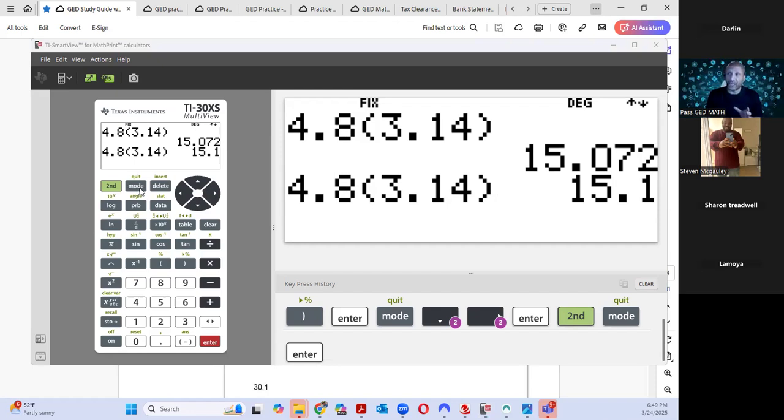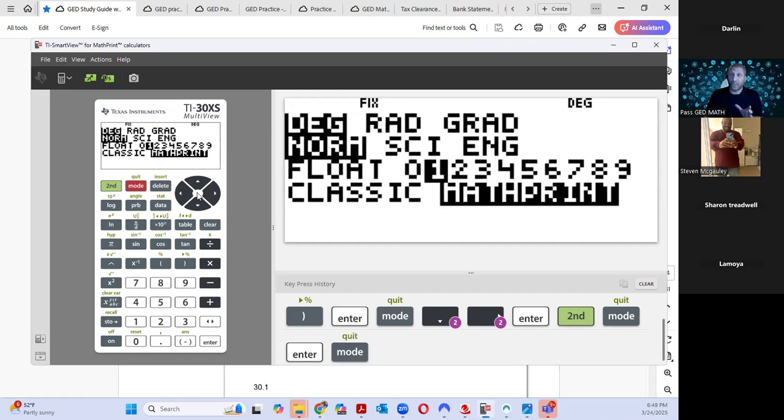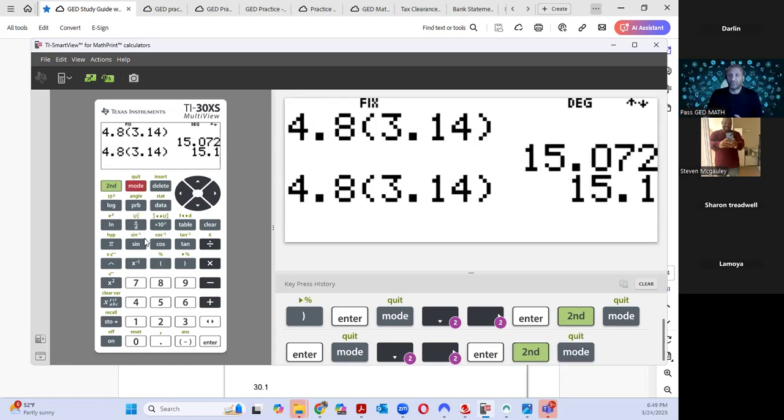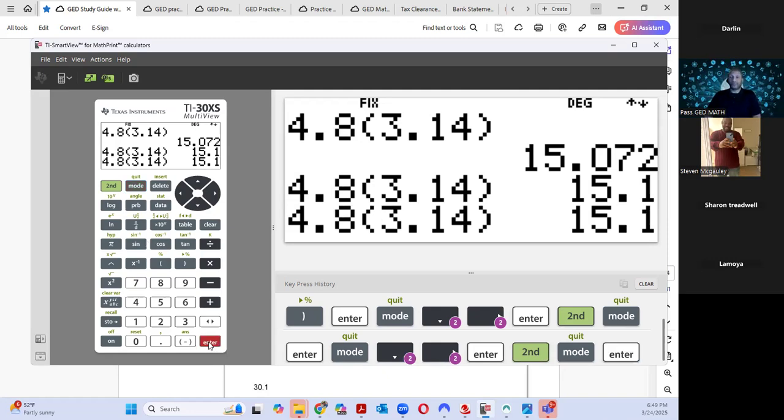So I clicked on mode. I went down to float. I used my right arrow to go over to the 1. Press enter. Hit second and hit mode to get out of this menu. Press enter again. What did you get?